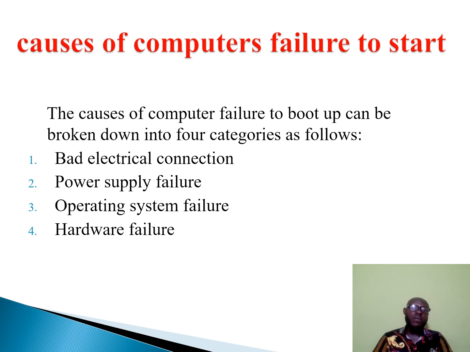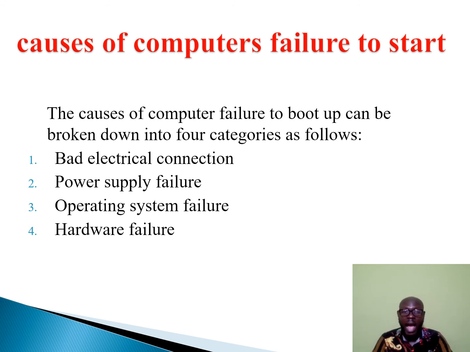4. When we have hardware failure, it can be a memory problem, it can be a hard disk problem, it can be either the jumpers or those capacitors being mounted on the motherboard. Hardware is the physical components of the computer system, the things that we can see, feel and touch.